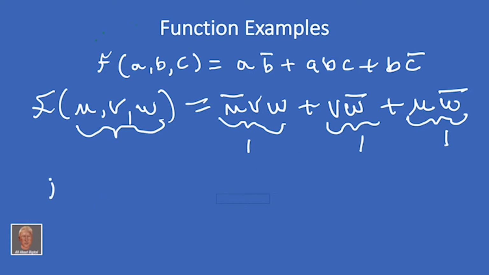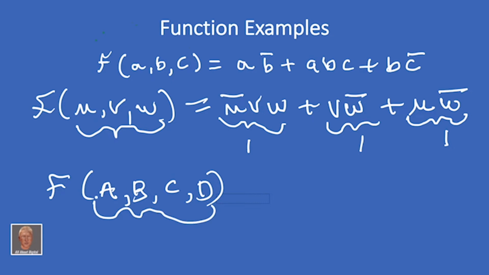So let's do another one. F of A, B, C, D. The domain of this function is 4 variables, A, B, C, D. And you're going to have terms that are written using these 4 variables. Now, I'm just making this up, so I have no idea what it is or anything, but it doesn't matter because I'm just showing you the structure of a function.